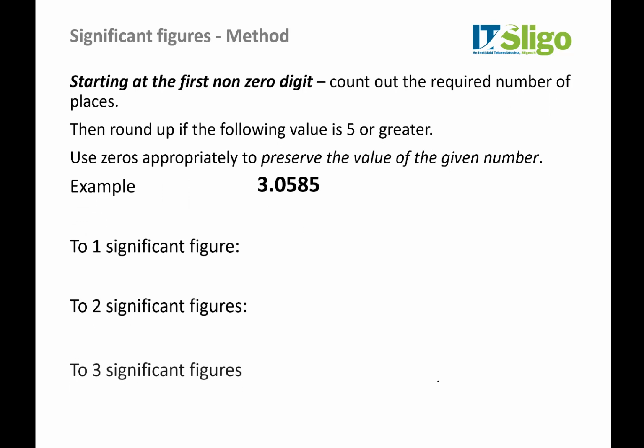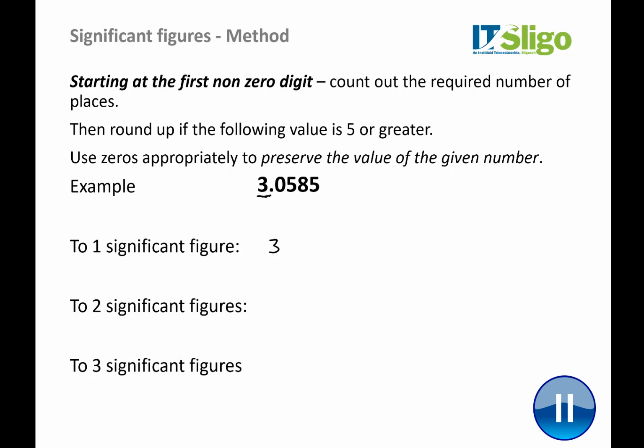So just have a go now at this one, to one significant figure. Pause the video, have a go at that. I'll just keep going. You guys hopefully have unpaused after attempting it. So to one significant figure, guys, it's simply going to be 3.